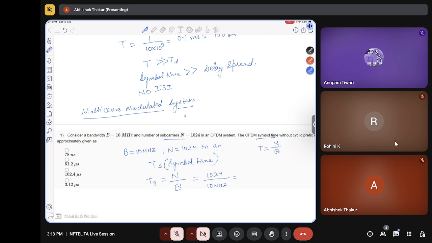So it will be 102.4 times 10 to the power of minus 6 seconds, which we can write as 102.4 microseconds. So option C is the correct answer for this question.